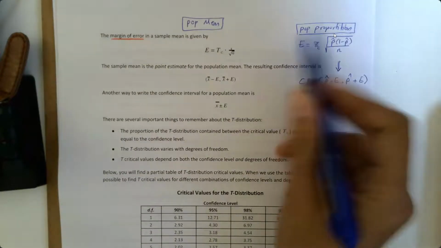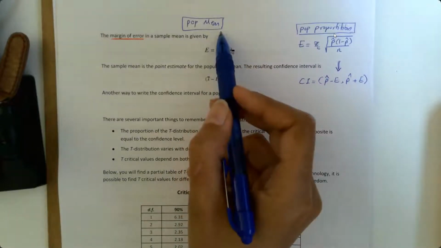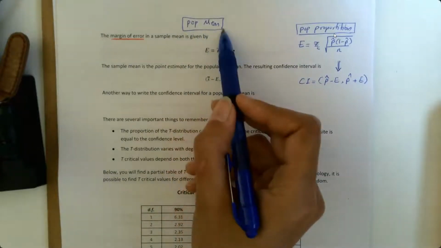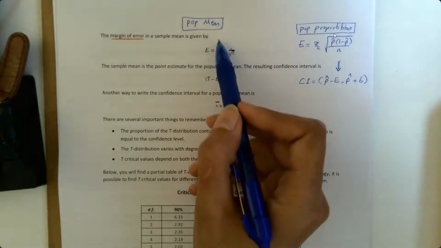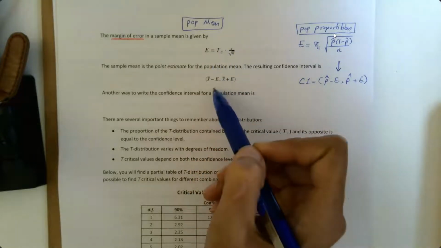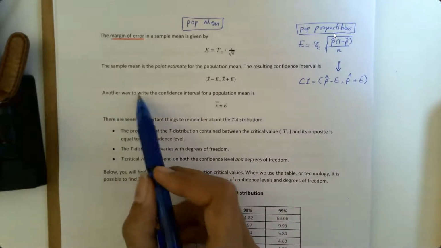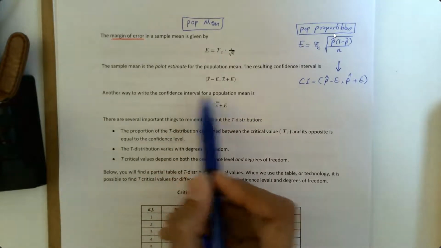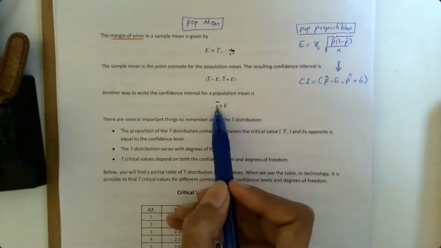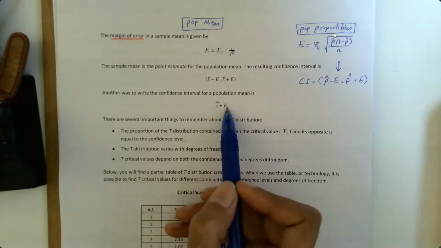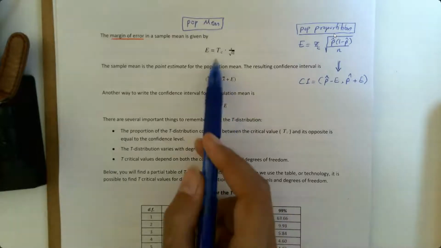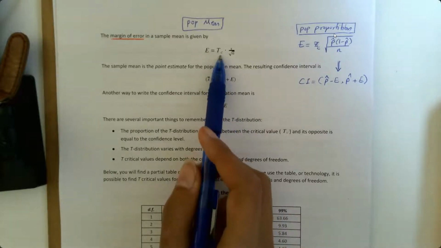If the question says estimate the population mean, you're going to follow what we're going to learn today. Another way to write the confidence interval for a population mean is x bar plus or minus e. We're going to learn how to find t sub c.